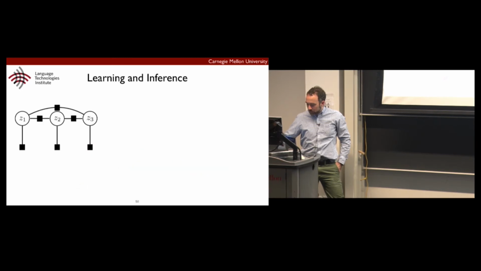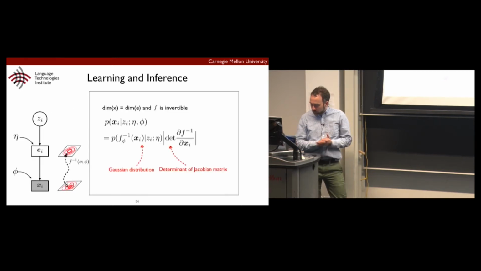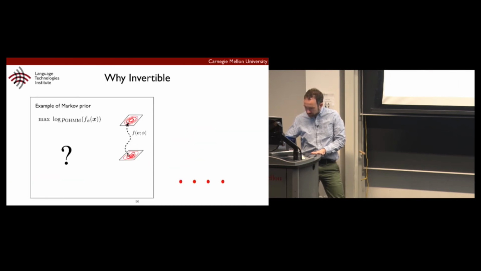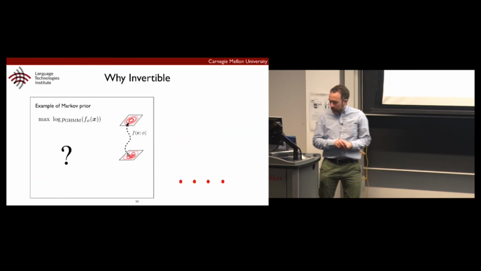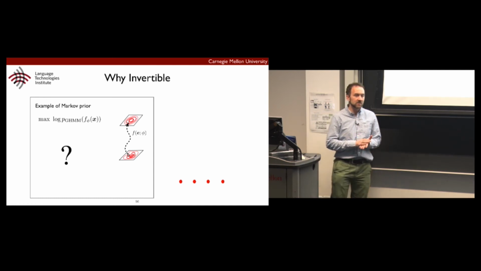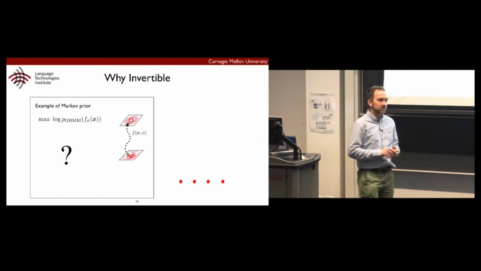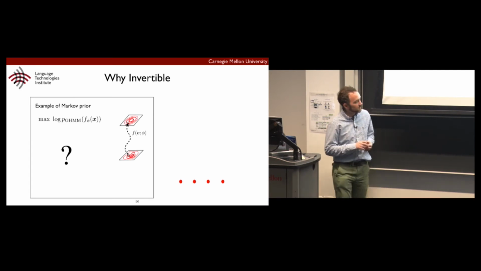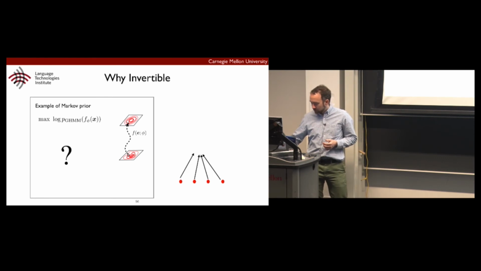So this might not be obvious, why something like this is necessary. Why do you need to multiply by the determinant? Why do we need to ensure that the projection is invertible in the first place?